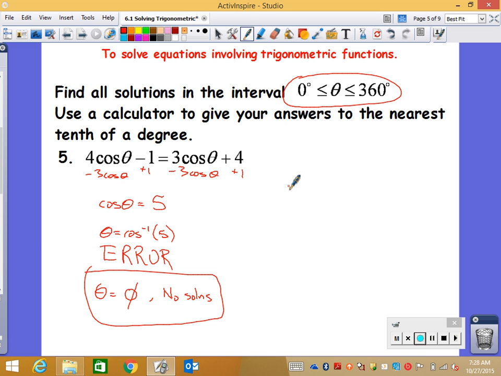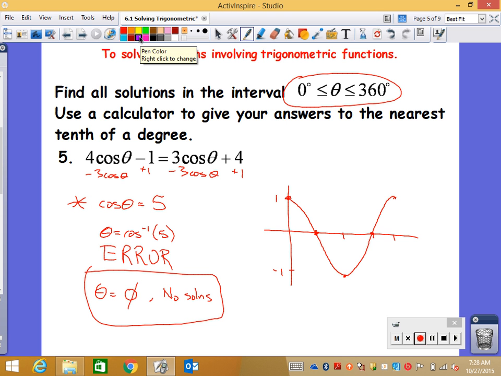Well, let's do a very quick sketch of cosine of x. 4 key points. This is at 1. This is a negative 1. Now, back to this cosine theta equals 5.